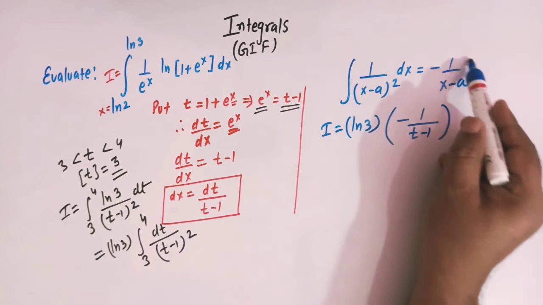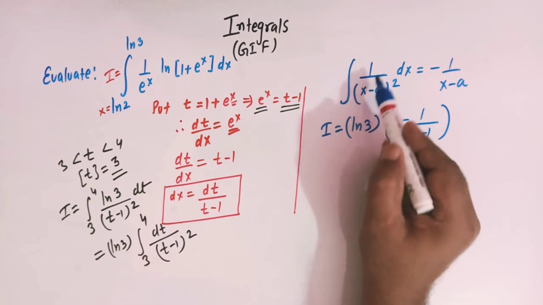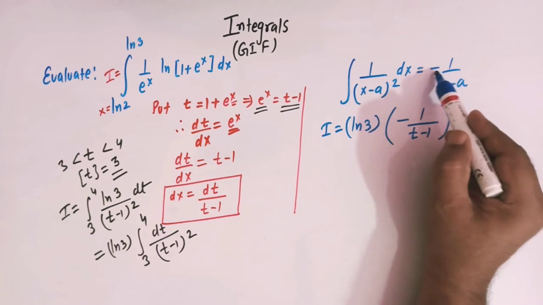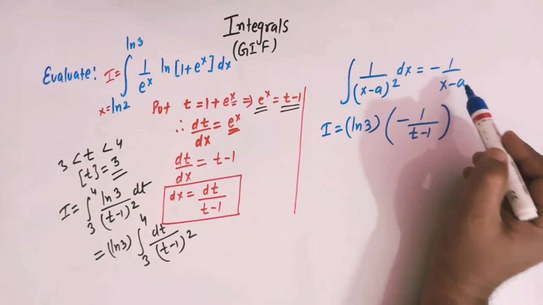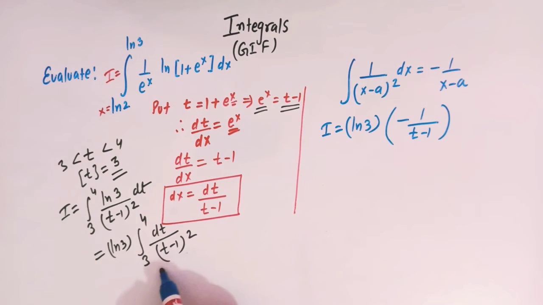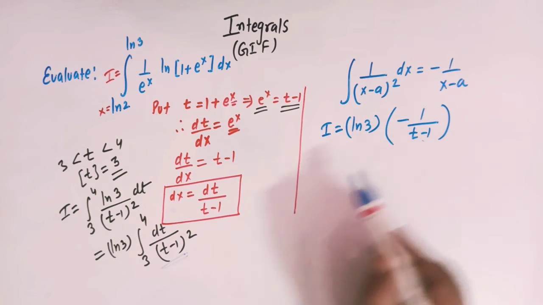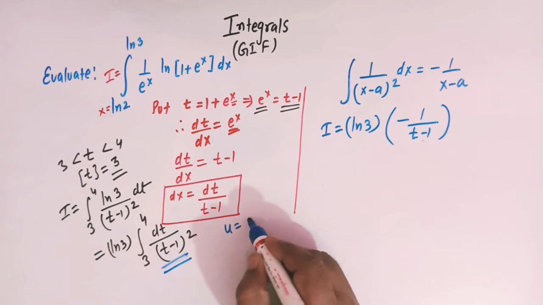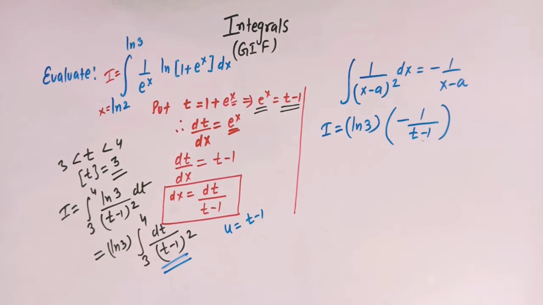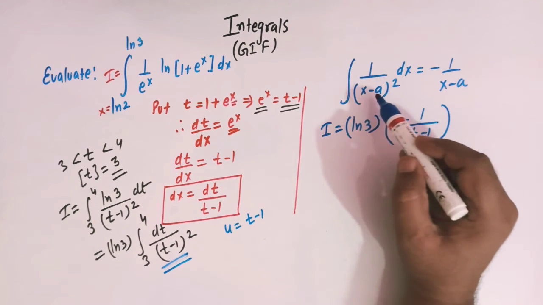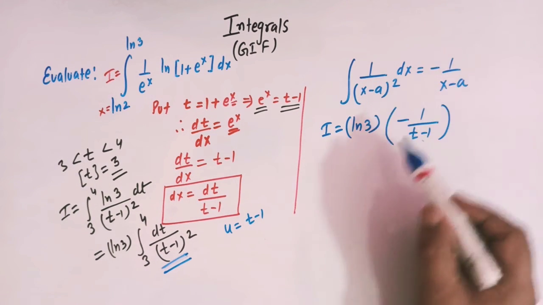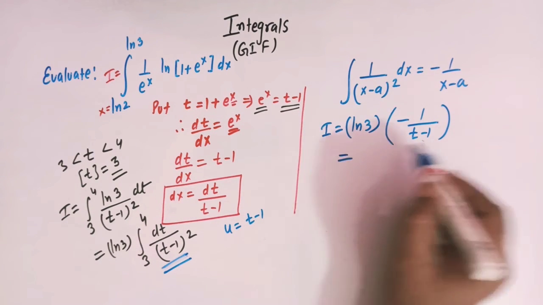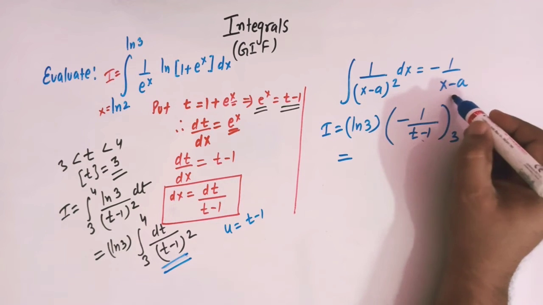We can also get this result by the method of substitution, taking u equal to t minus 1, but here we'll prefer to write the direct result. The limits are from 3 to 4.